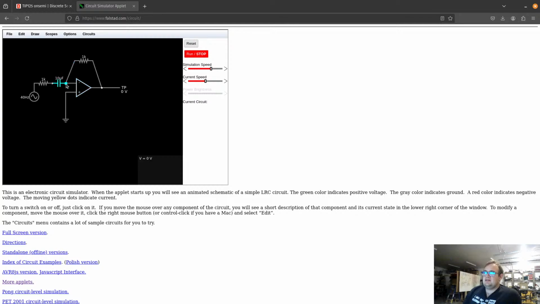So that means that this input wants to be at 0, so the op amp output is going to do whatever it can to make this 0 volts too. And we will, at some point with this AC source, have a voltage over here. Now, that voltage will also be affected by whatever this capacitor is doing.